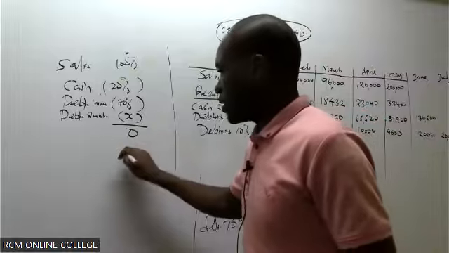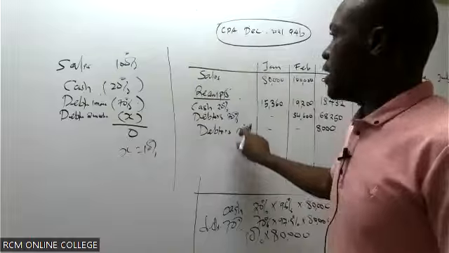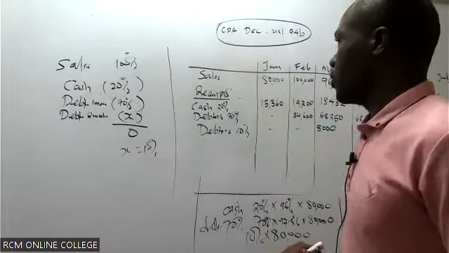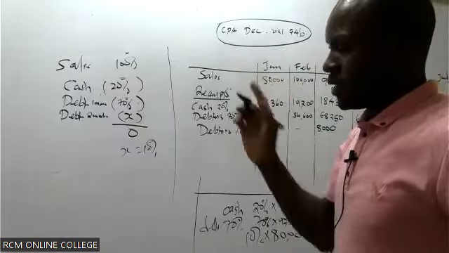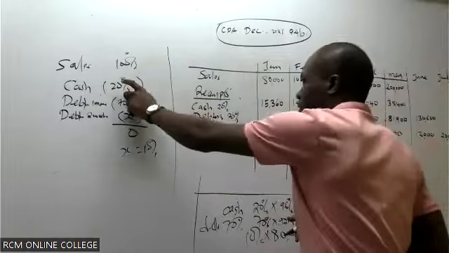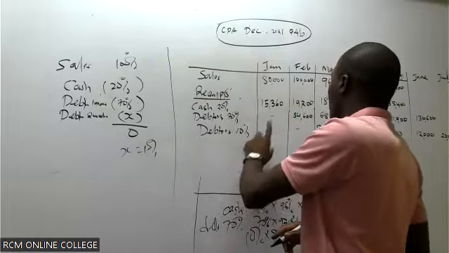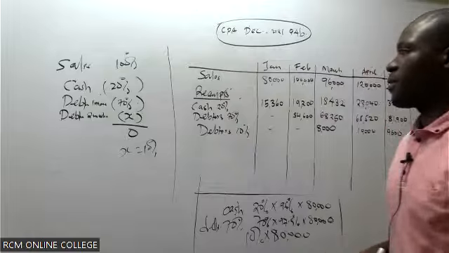Hii X ni 10%. Ndio hii hapa. Na hii ni rahisi. You know what the examiner normally do? They are going to tell you that 20% of the debtors wanalipa cash. Na hiyo discount yote. Tukitaka kuanguke hapa hivi ni kazi rahisi sana.